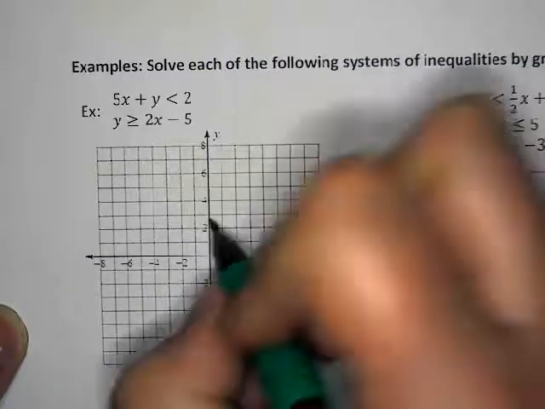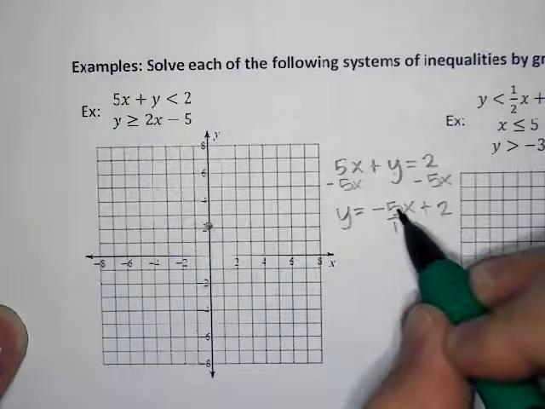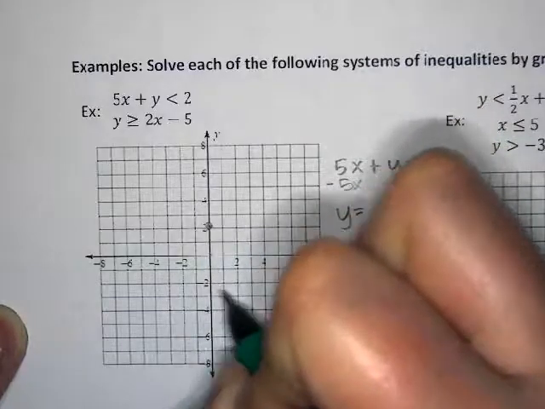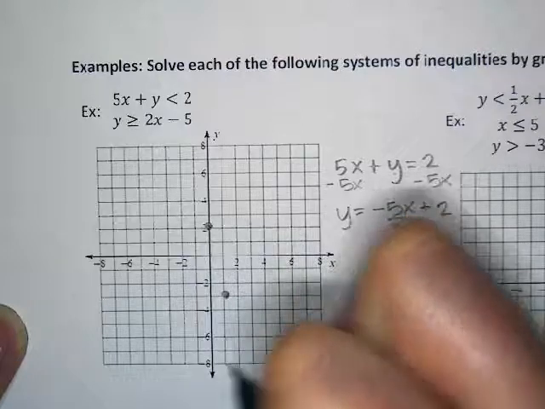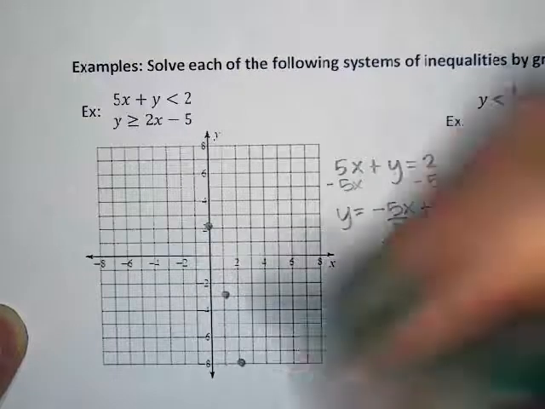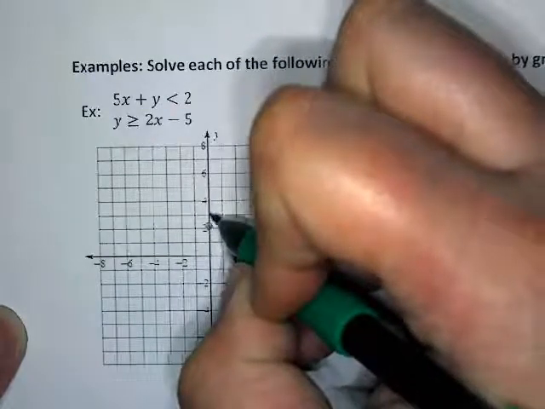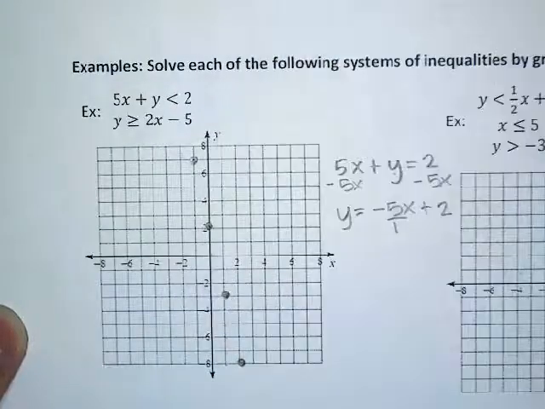I'm starting at a y-intercept of 2, and then from there I'm going to go down 5, right 1: 1, 2, 3, 4, 5 over 1. I ran out of space this way, so I'm going to do the opposite pattern in the other direction: up 5 to the left 1.